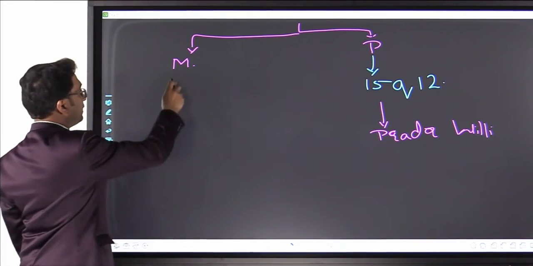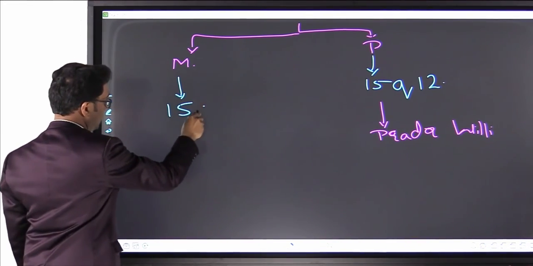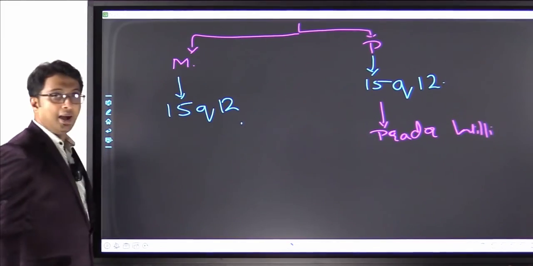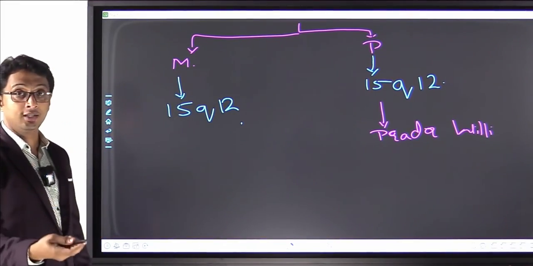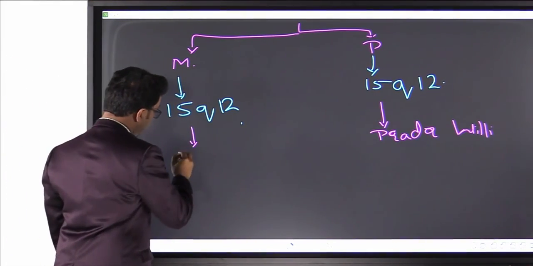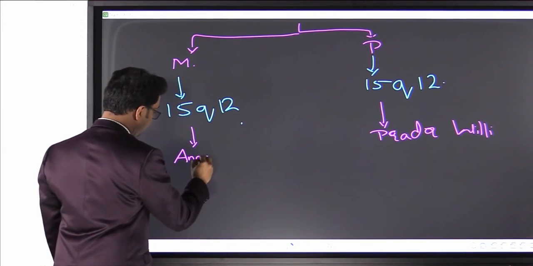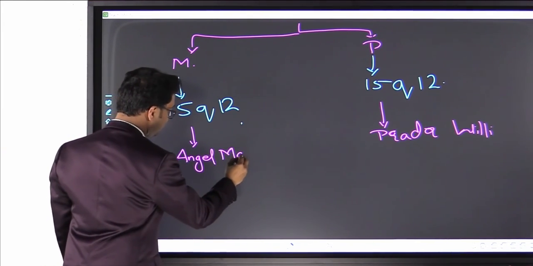Now the same thing in the same region happens in the maternal chromosome. It's not Prader-Willi syndrome. It's called Angelman syndrome.